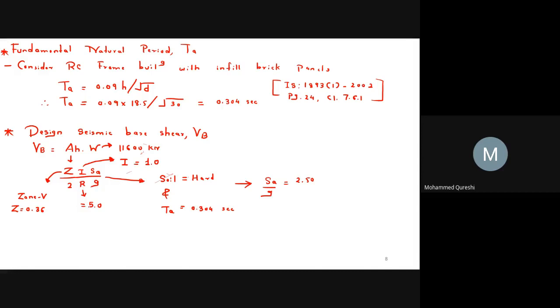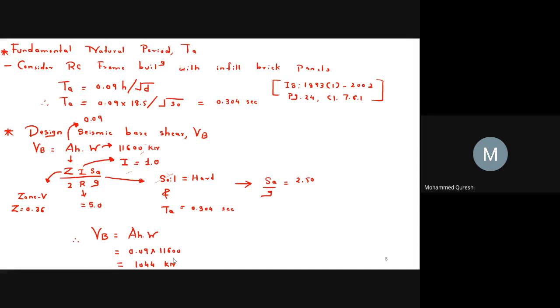So you will get the horizontal seismic coefficient AH equals 0.09. Hence your design seismic base shear VB will be equal to AH into W, that is 0.09 into 11600, so you will get VB as 1044 kilo Newton.